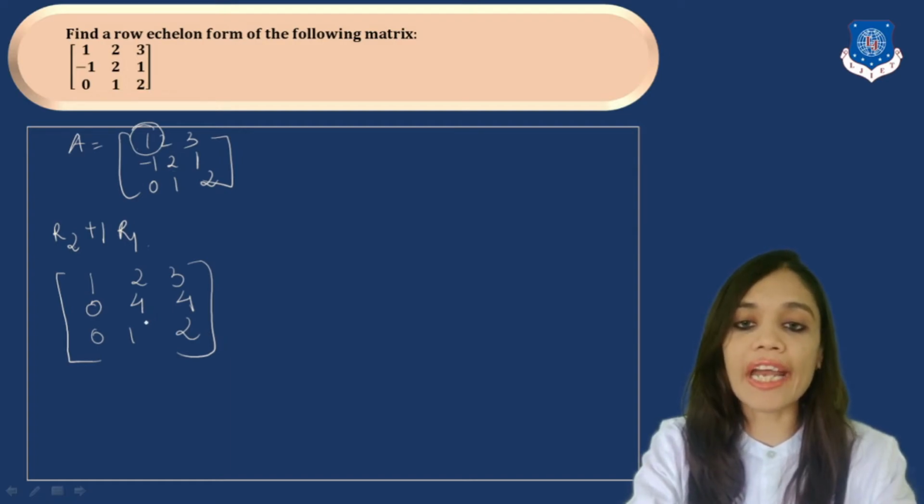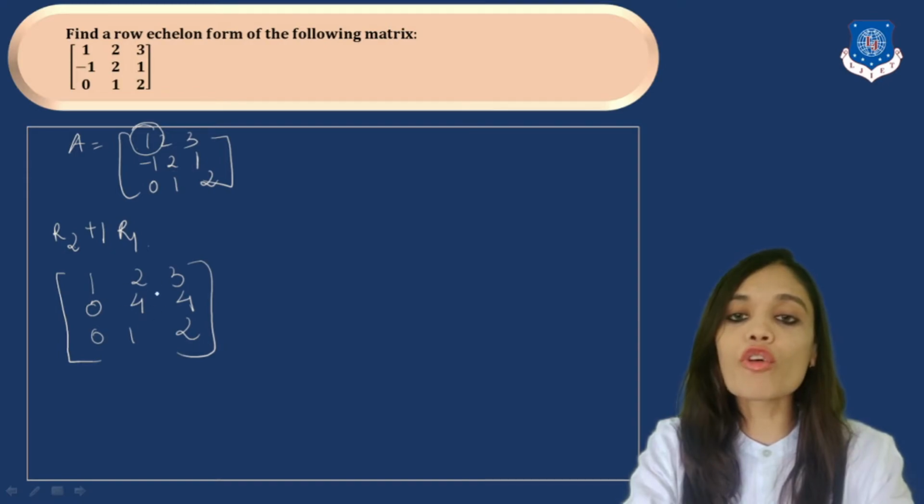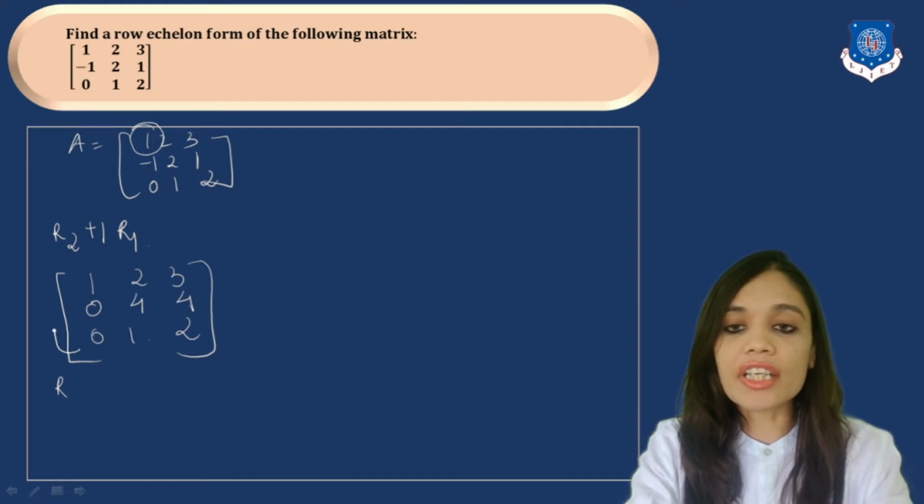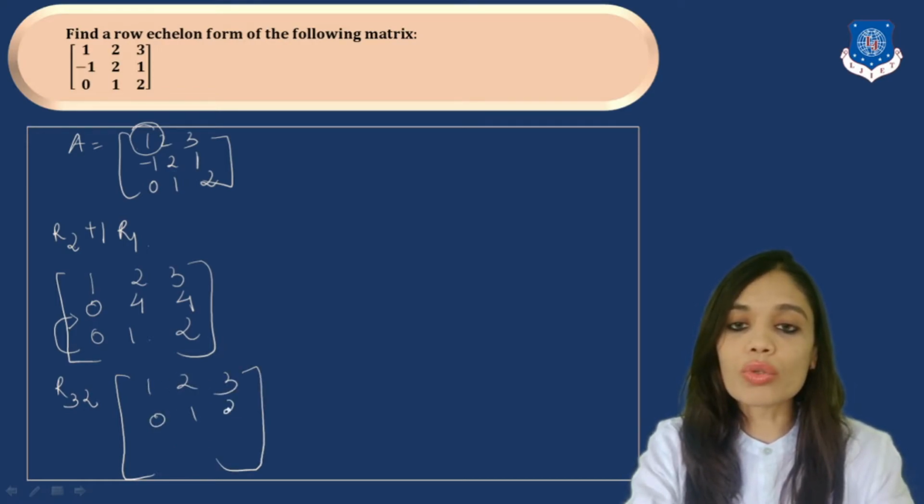That is, you can add two rows or subtract two rows, or you can take out a common factor, or you can interchange the rows. One step is you can take out 4 common, or you can interchange R2 and R3. So I will interchange R2 and R3, that is, I will take row 3 in row 2. Your answer will be 1 2 3, 0 1 2, 0 4 4. Now you have formed a leading one over here.